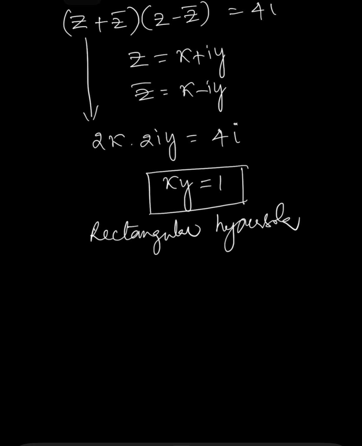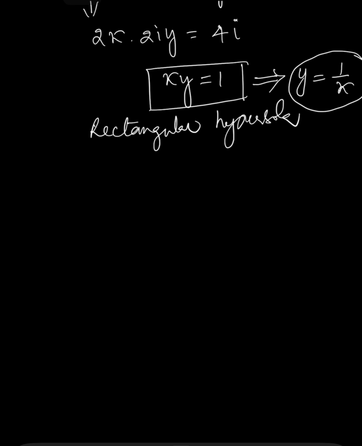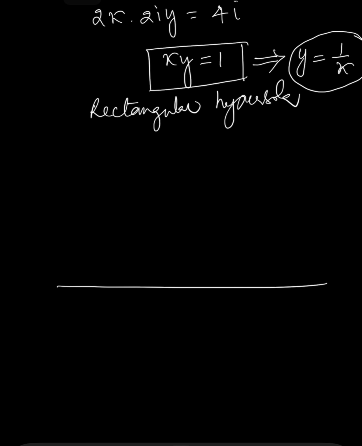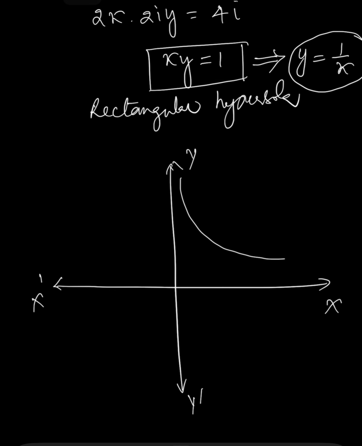Now if you observe this diagram, xy equal to some constant represents a rectangular hyperbola, and I can write this as y equal to 1 by x also. We know the graph of y equal to 1 by x; it will be like this.